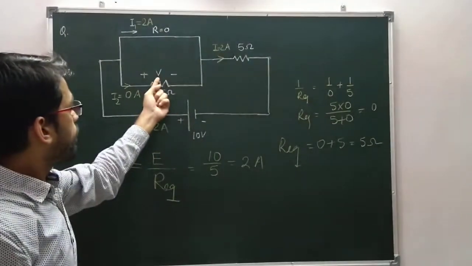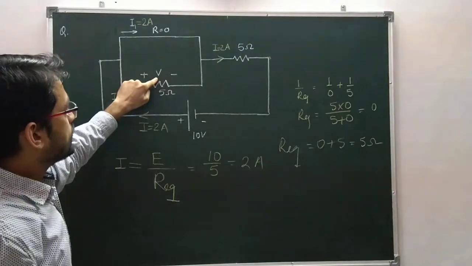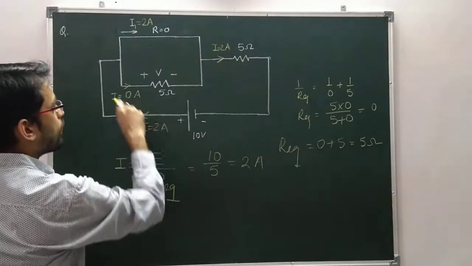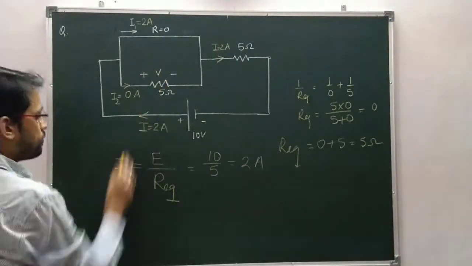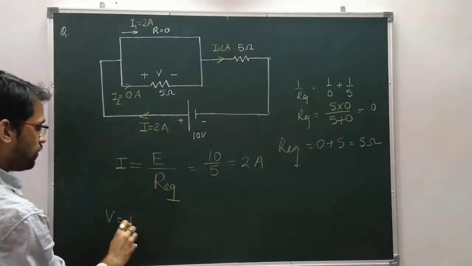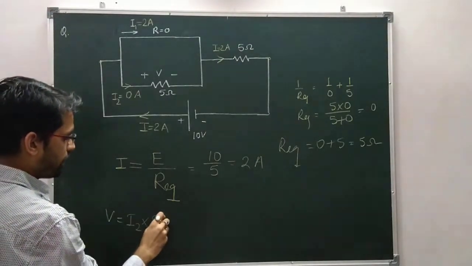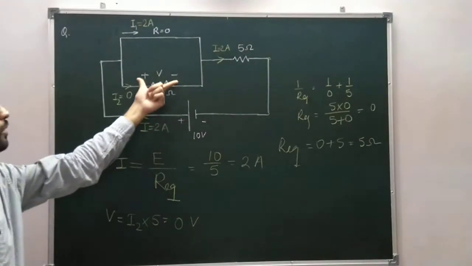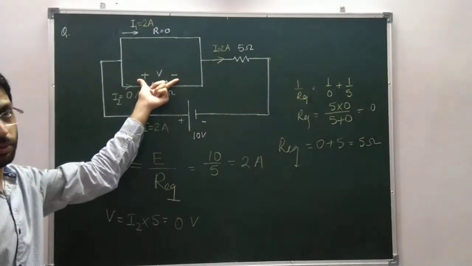So now you can easily calculate the potential difference here. Apply Ohm's law. When you apply Ohm's law, you can find V. V equals I2 into 5, and I2 equals 0. It means 0 volts, so the potential difference is 0.